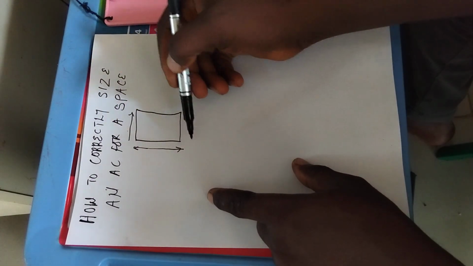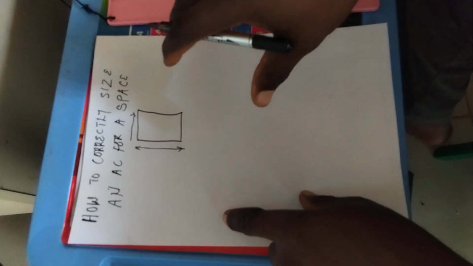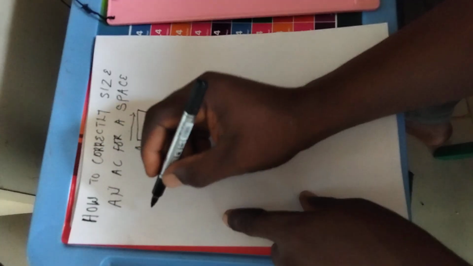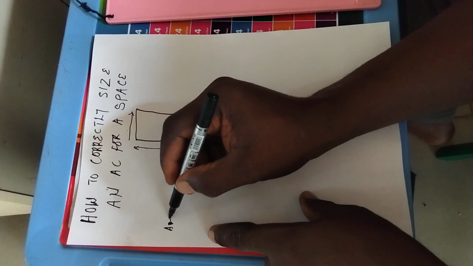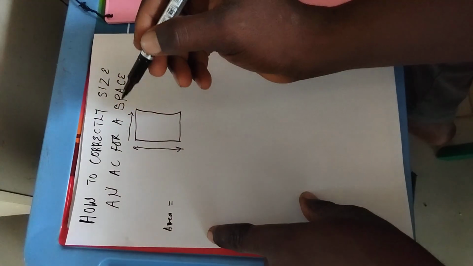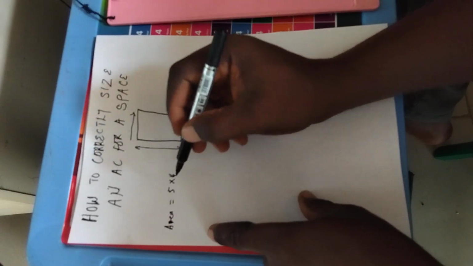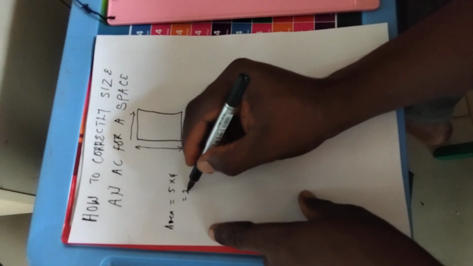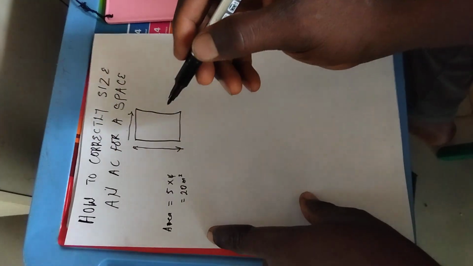Get the measurement of this, and multiply it, then you know the area of the place. Let's say this is 5 and this is 4, that's equal to 20. Do you get it? It's equal to 20.